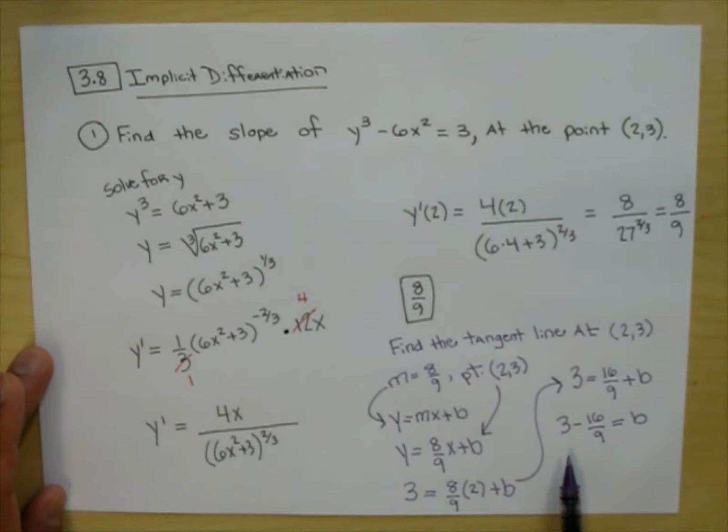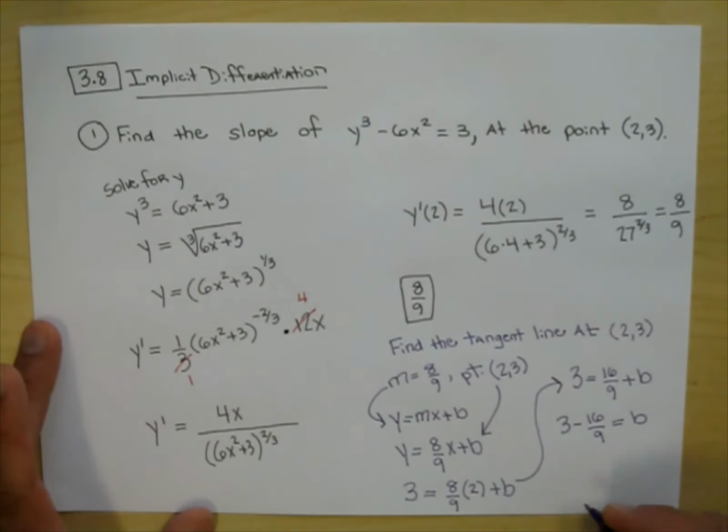And if you get a common denominator, this is really 27/9. 27/9 minus 16/9. So what's 27 minus 16? I believe it's 11. So we found our other constant, which is 11/9.